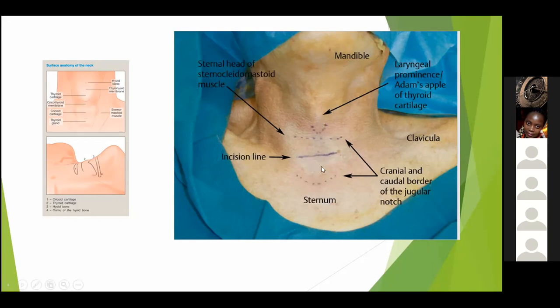You'll find that this length is different, depending on whether it's a male or female, a child or an adult. So that's why we don't go by centimeters, and we are considering midway the length.